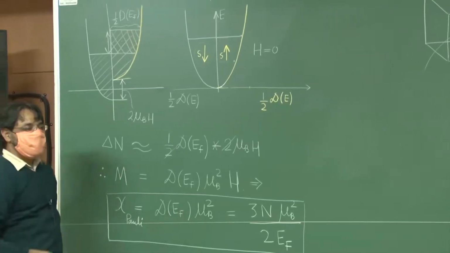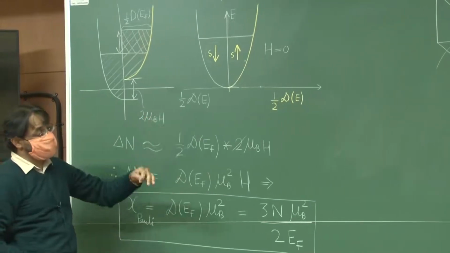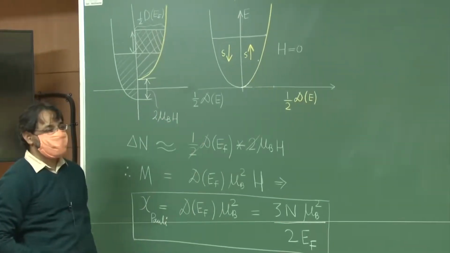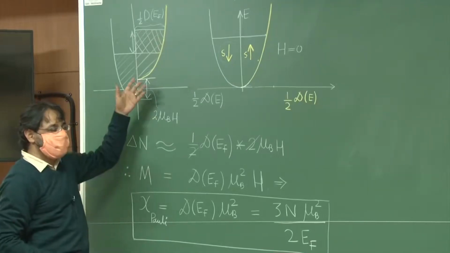It was 3 times... I had to erase the board to calculate the specific heat. You can do the same thing here. You can calculate the susceptibility. It is more elaborate.